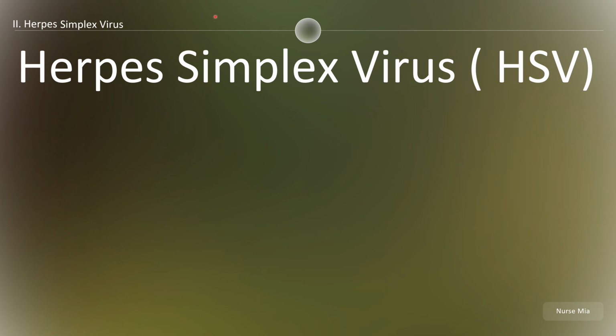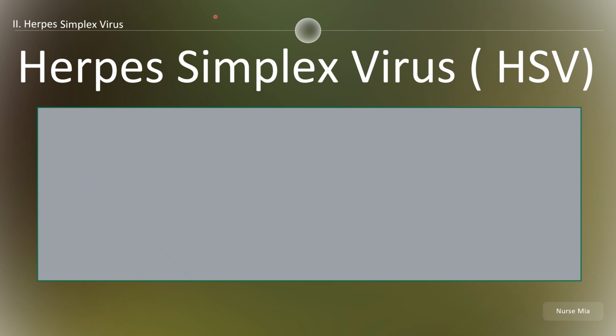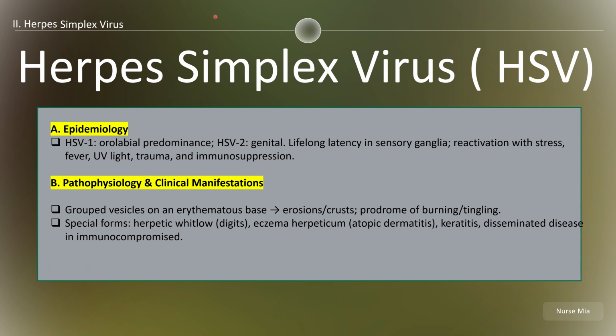Herpes simplex virus. So this is viral, and we have to think about the complication. First of all, I always say GH, because G is from genital, H from herpes.